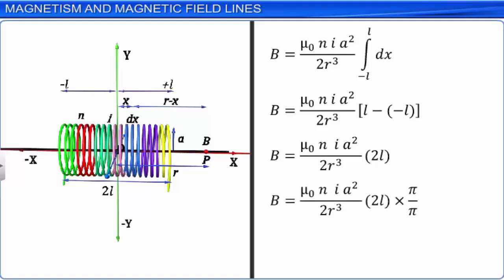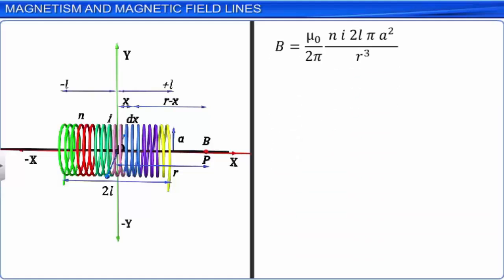We learnt earlier that a current-carrying loop behaves like a magnetic dipole, and its dipole moment is given by M equal to I into A, where A is the area vector of the loop. The solenoid consists of n number of loops per unit length. I is the current through the solenoid, and A is the radius of each loop.